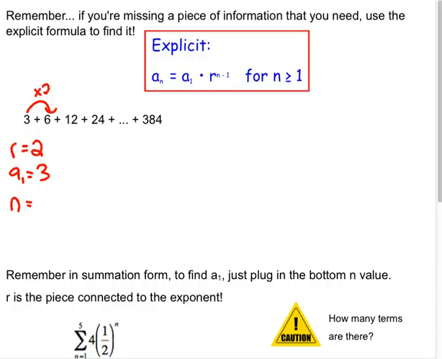So remember, use the explicit formula if there's anything that you don't know. So my last term is 384, so that's going to be my AN. Then I know my first term is 3, and I know my rate is 2. I'm looking for N. All right, well, let's divide that 3 out right away.